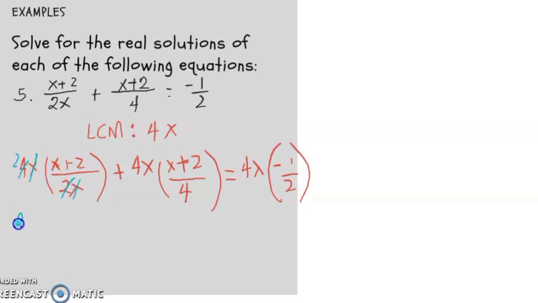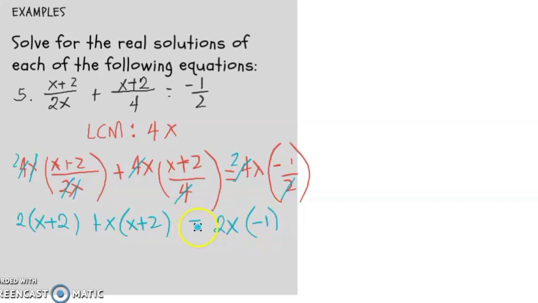So, we have 2 times x plus 8 plus. Cancel natin si 4. So, ang matitira is x times x plus 2 equal to 4 tsaka 2 will become 2. So, wala na. So, we have 2x times negative 2.